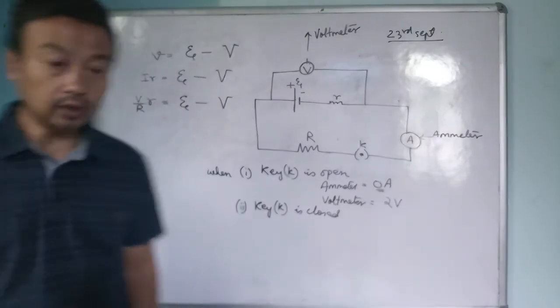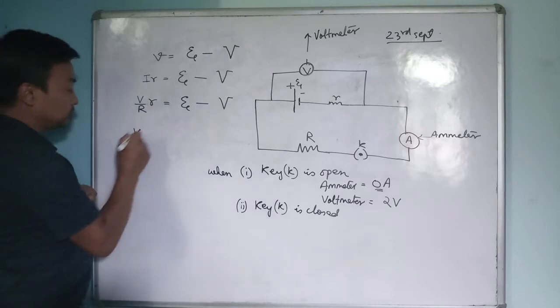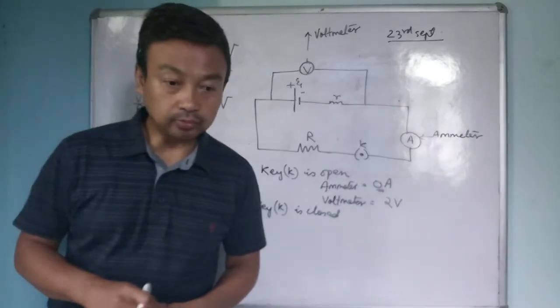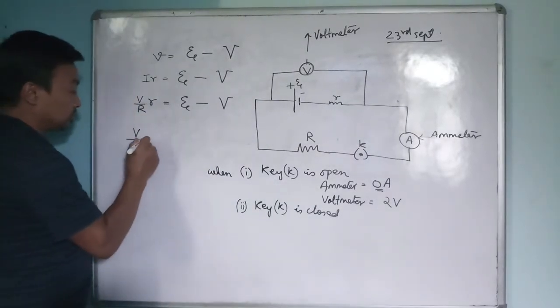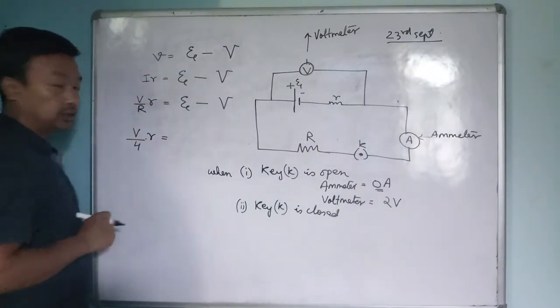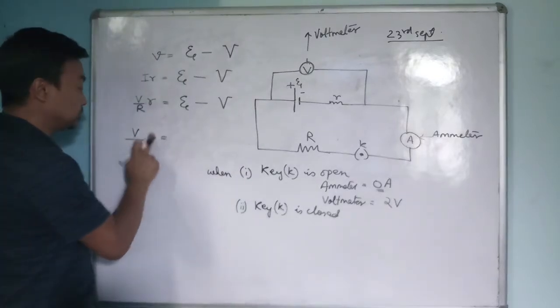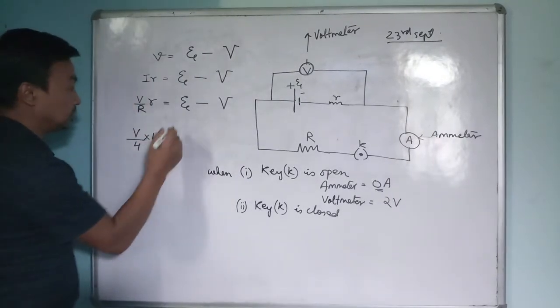So if you see, this V is not given to you, upon what is the resistance given to you? Resistance is given to you, 4, into r. Sorry, internal resistance is also given to you. What is the value of internal resistance? 1.